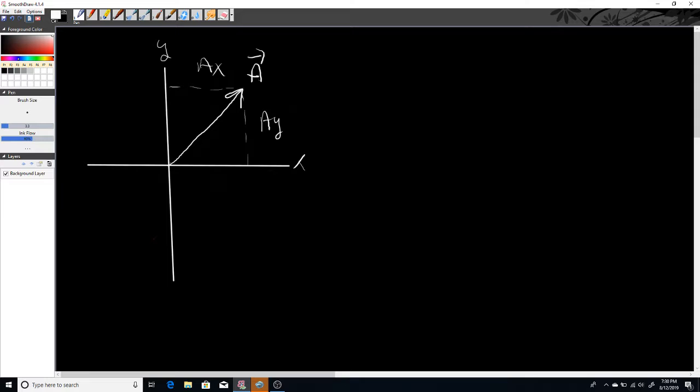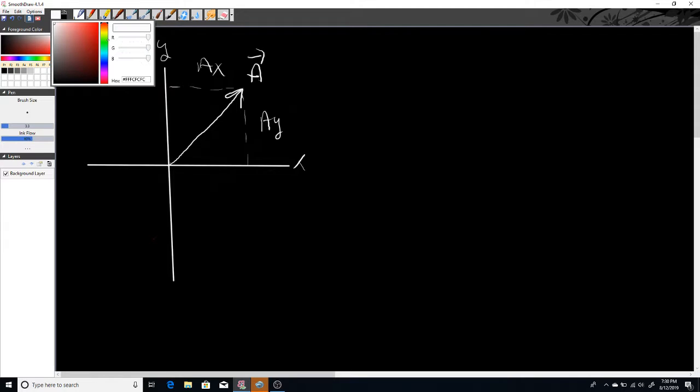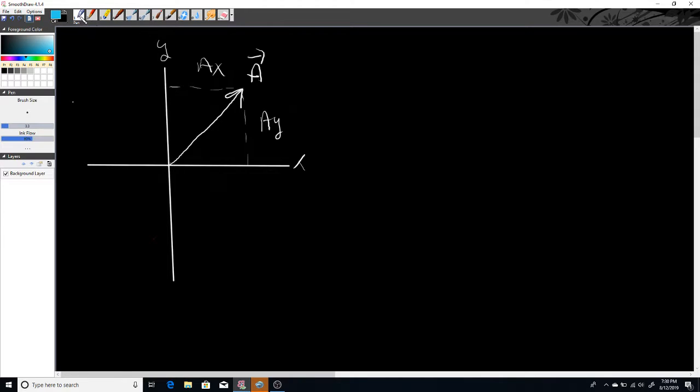So if I were to draw it in another color, maybe blue, and I was to draw it like this, something like this, right? In this case, I'll call this coordinate y prime, and I'll call this x prime. Now this very same vector, we haven't changed it at all.